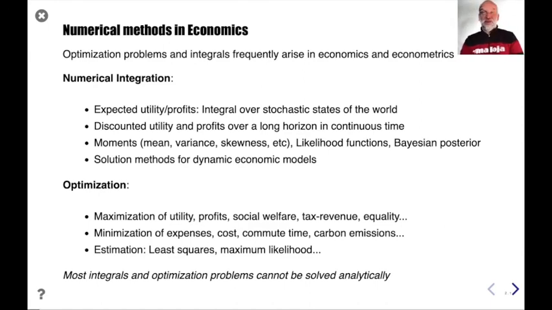Then there's optimization. We're assuming that all economic agents are optimizing, right? We assume they're maximizing utility, profits and social welfare. Governments are maximizing tax revenue, or social welfare, or whatever objective the social planner has.